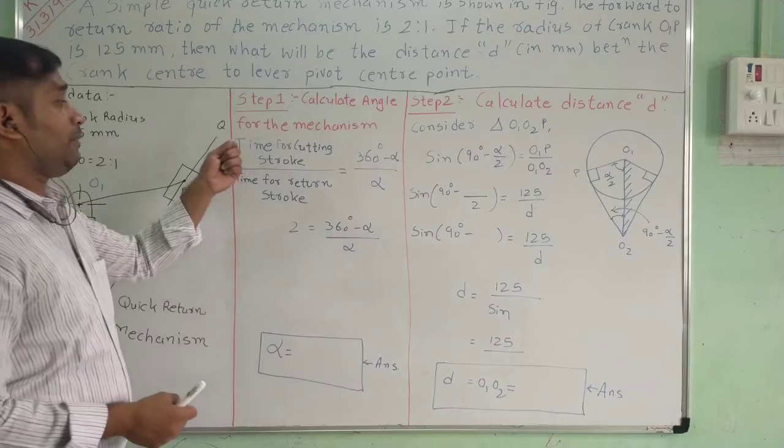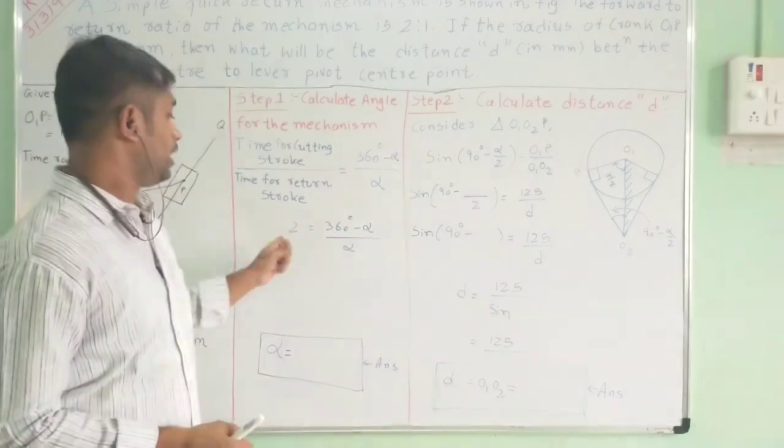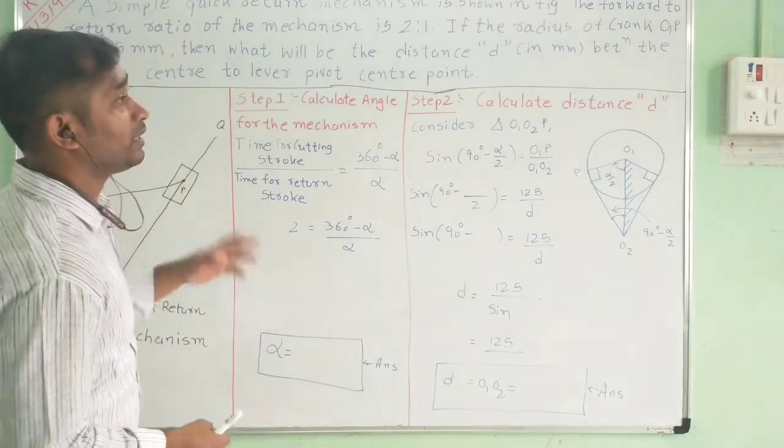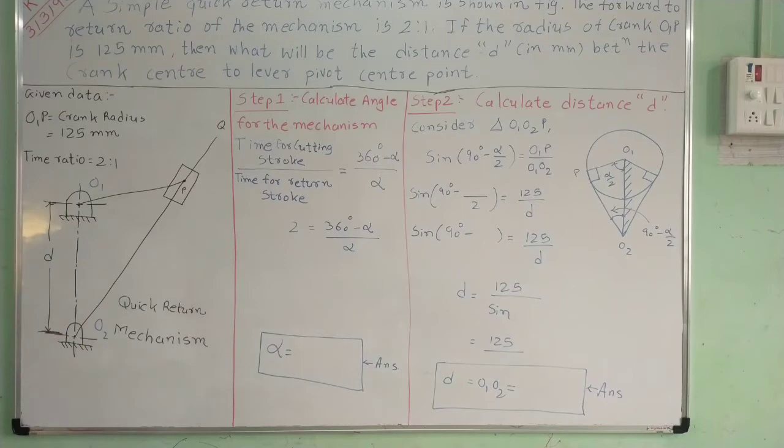That is, the value of the time for the cutting stroke to the time for the return stroke has been given to us. If the radius of the crank O1P is 125 mm, then what will be the distance d between the crank center and the center of the oscillation point O2? Okay, so first of all, what data is given?